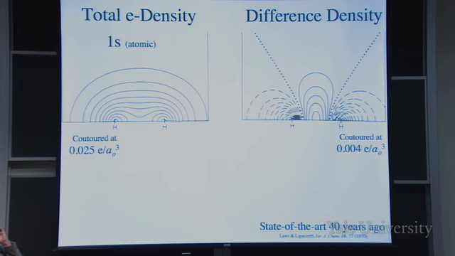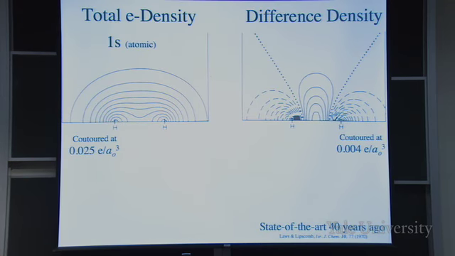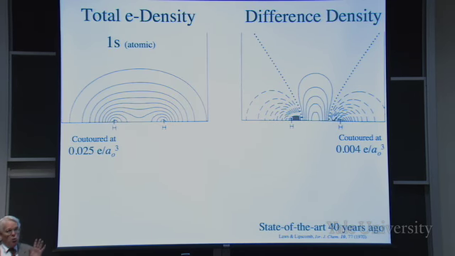Now let's look at some theoretical examples here. So let's look at the total electron density as calculated for adding 2 1s orbitals of hydrogen at the appropriate distance for H2, right? This was done 40 years ago and published in the Israel Journal of Chemistry. On the left we have the total electron density that you'd calculate from that very simple thing, 1 over the square root of 2 times (A plus B).